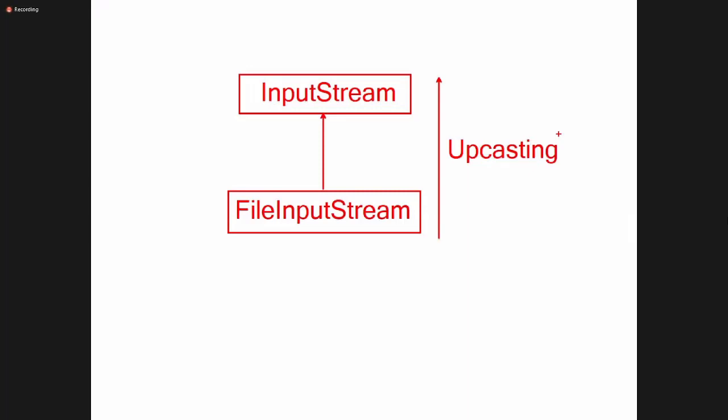Upcasting is always valid, but downcasting, when is it valid? Downcasting always requires upcasting as well as explicit type conversion. Is this core Java or advanced Java? Core Java. Okay. If a superclass reference is there, a subclass object you can pass. But if a subclass reference is there, a superclass object you cannot pass.